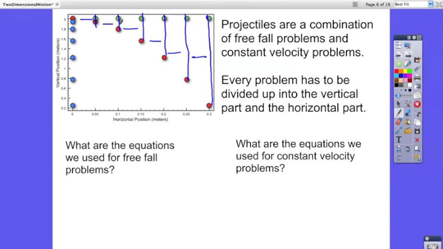So Vx is constant. The x component doesn't change. The y component, however, if you look at the blue dot, it looks just like what we saw when we did free fall. It starts with a 0 velocity and it gets a little faster and travels a small distance, and then it gets a little faster and travels a larger distance. And in each subsequent time interval, it travels a greater distance because it's accelerated.